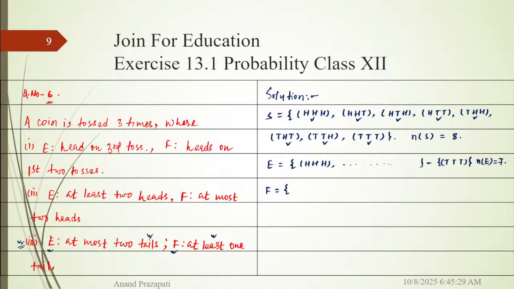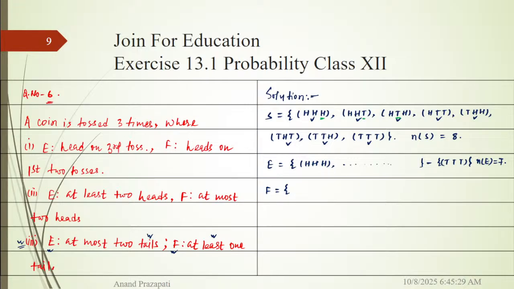At least 1. So see by green color. At least 1. So it has 0 tail, 1 tail, 1 tail.